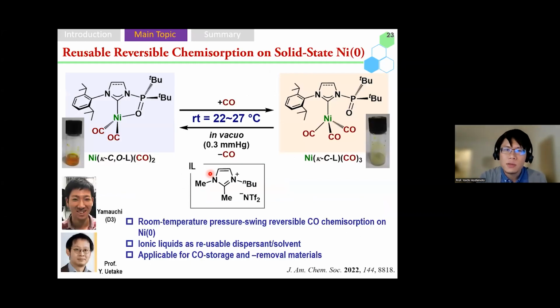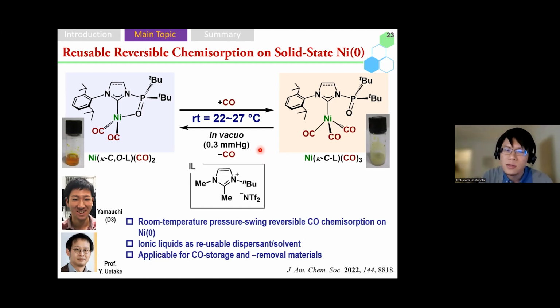For example, we demonstrated pressure-swing, reversible carbon monoxide chemisorption on a zero-valent nickel center, based on the interconversion between these two toxin nickel carbonyl complexes. Generally, dissociation of CO from a low-valent metal center rarely proceeds under such mild conditions due to the strong metal-to-CO back donation.